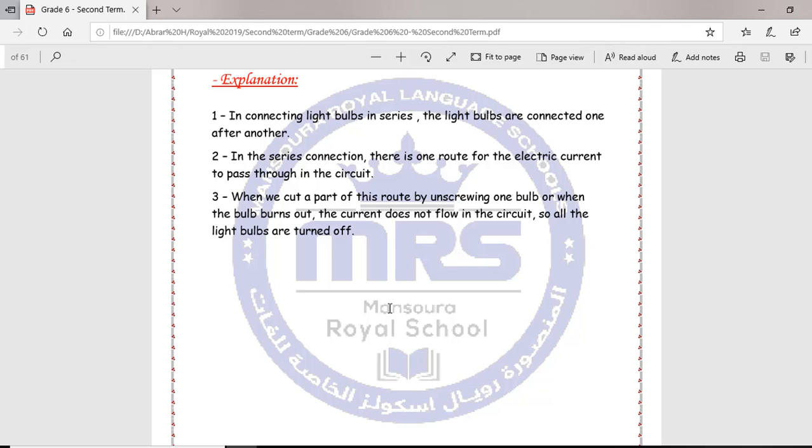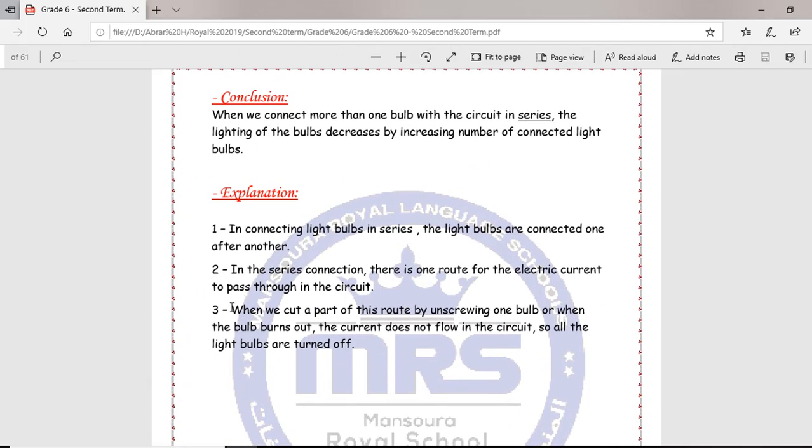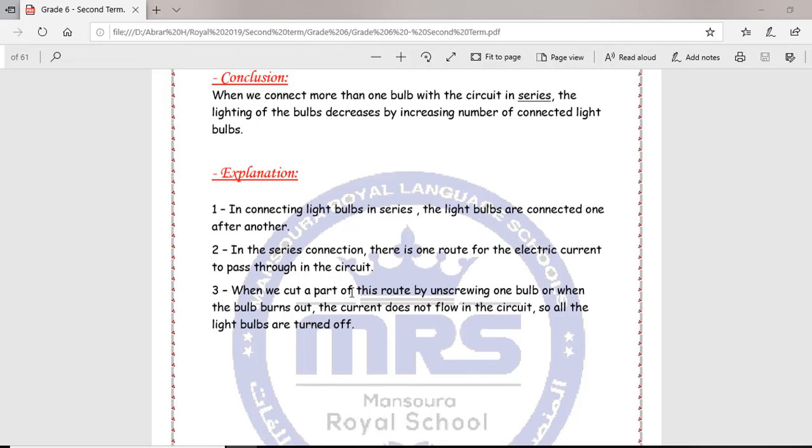From this explanation, we can conclude that the series connection cannot be used in houses, because when we unscrew one bulb, or even if one bulb burns out, the current doesn't flow in the circuit, so all the light bulbs will turn off.